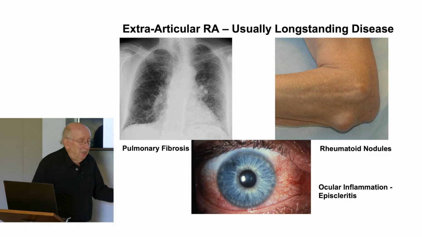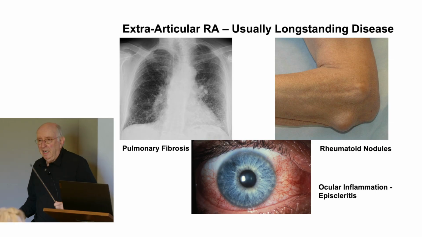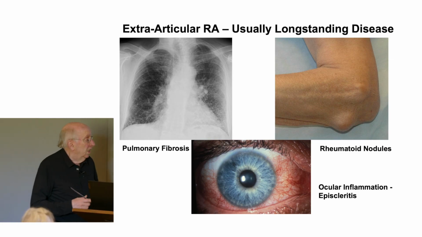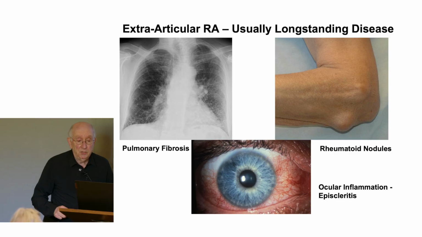It can produce inflammation of the eyes. That happens to be a condition we call episcleritis of the eyes. But you can have more serious complications of the eyes. And in fact, a number of our patients that we see, the initial presentation of rheumatoid arthritis is not in the joints, it's in the eyes. So worth remembering.